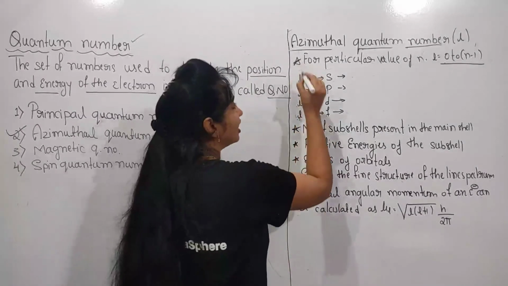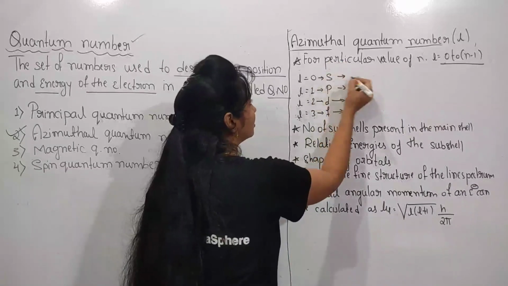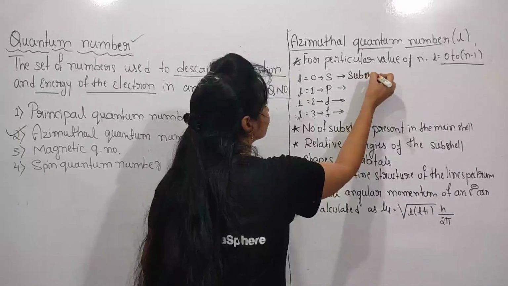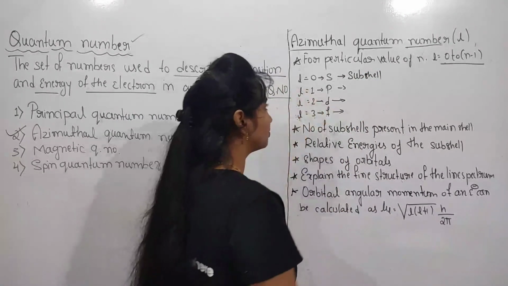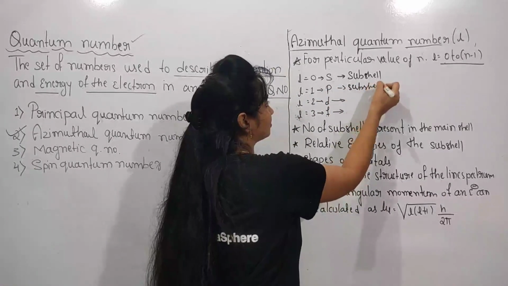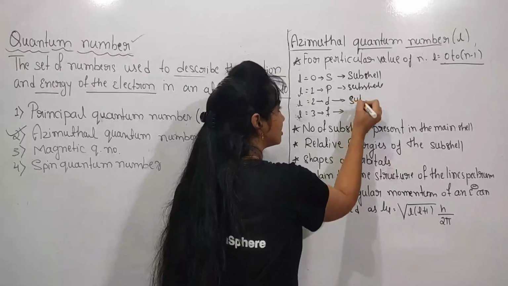So see here, if we have l value 0, we have the subshell S. S is our subshell. And next, l value is equal to 1, P is our subshell. And next, l is equal to 2, D is our subshell.